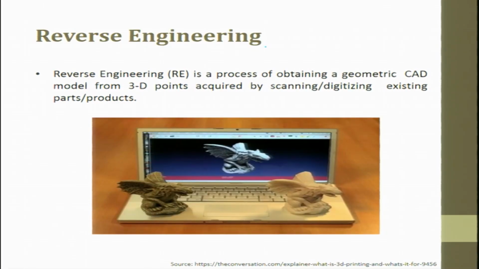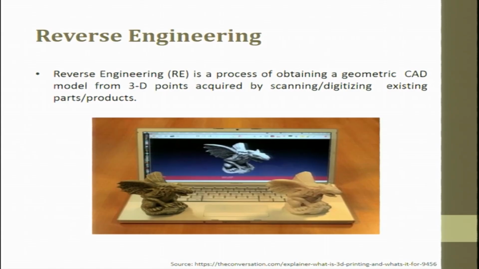It is very generic. Reverse engineering is a process of obtaining a geometry CAD model from 3D points acquired by scanning or digitizing an existing part or a product. You look at a product, you try to take a photo of the product, or you try to replace that image, which was through a light, now through a laser.